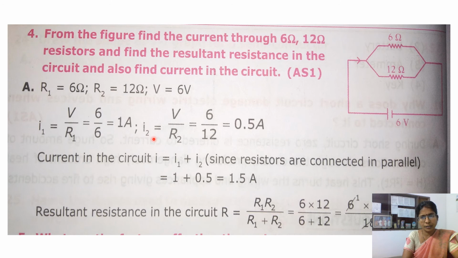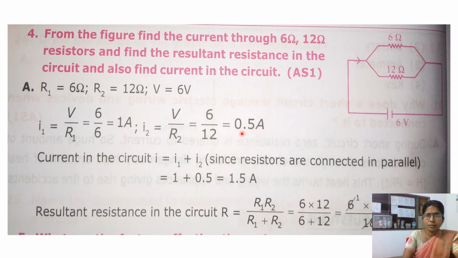Now the second one, I2 is equal to V by R2. So the current across the second resistor of 12 ohms is equal to V by R2. Substitute the values, 6 by 12. Then it is equal to 0.5 amperes. 12 fives are 60, so it is equal to 0.5 amperes.